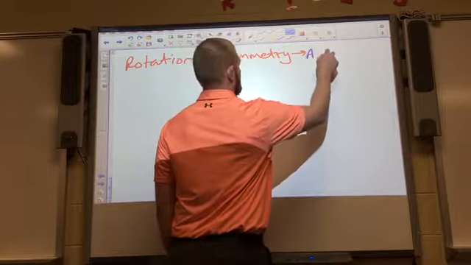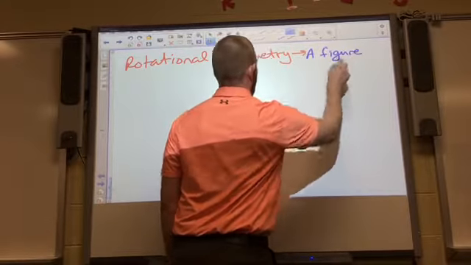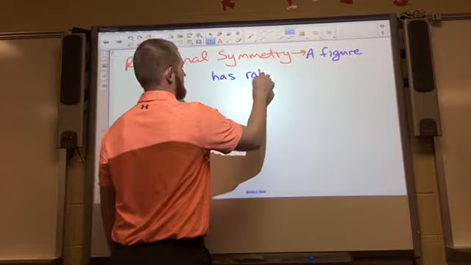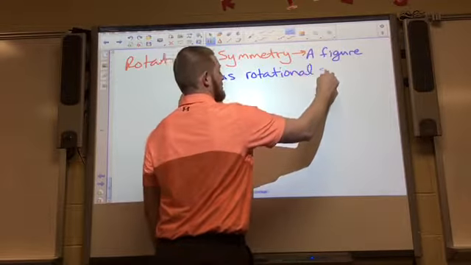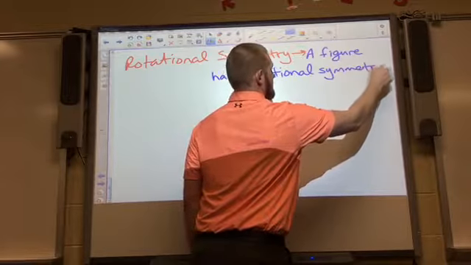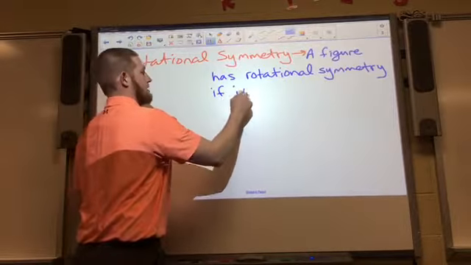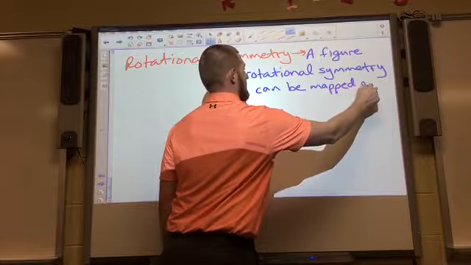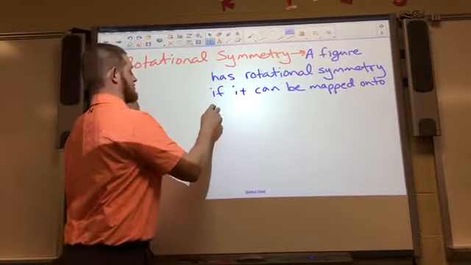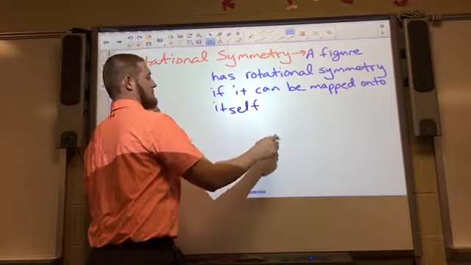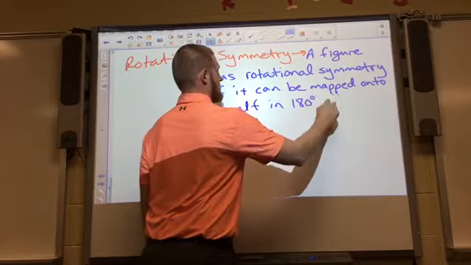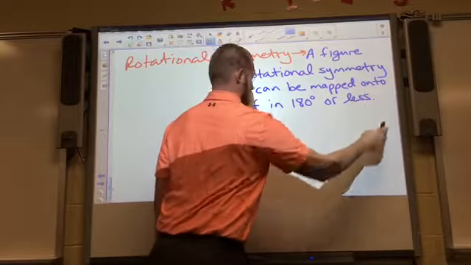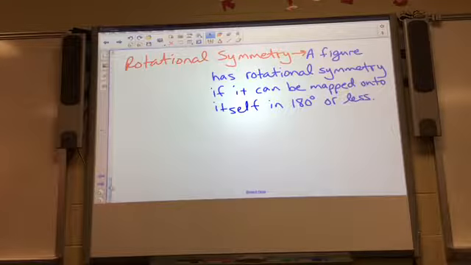A figure has rotational symmetry if it can be mapped onto itself in 180 degrees or less. A figure has rotational symmetry if it can be mapped onto itself in 180 degrees or less.